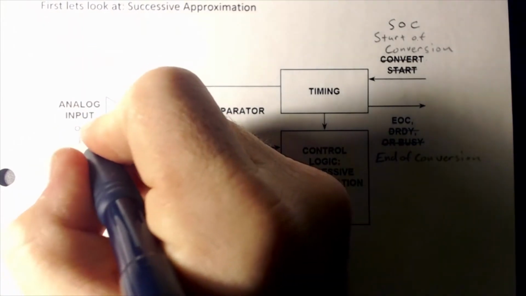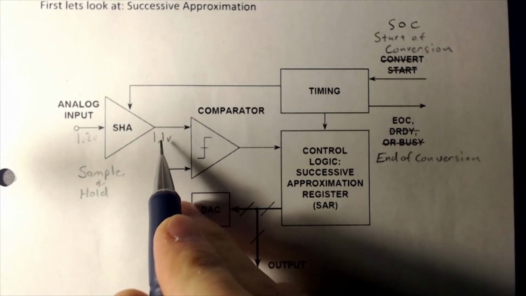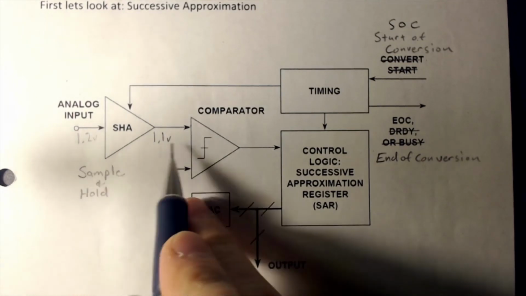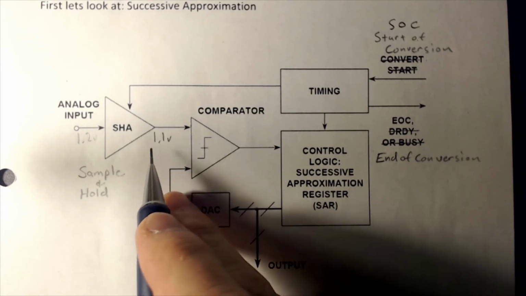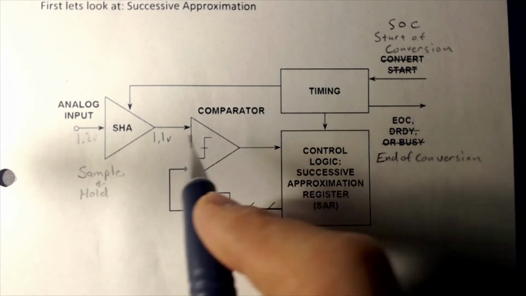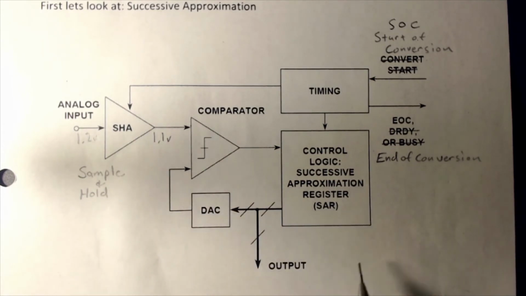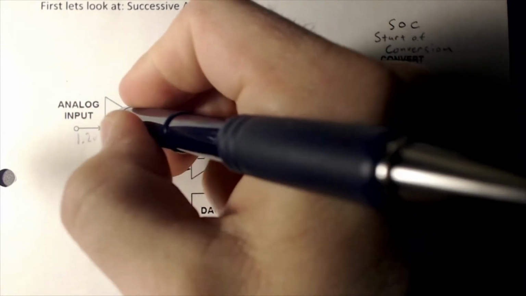So maybe our input now went to 1.2 volts. Well, we're still going to be processing this value. We don't want this analog voltage to be swinging around all over the place as we convert this 1.1 volts into our digital output. That's the whole job of that sample and hold.